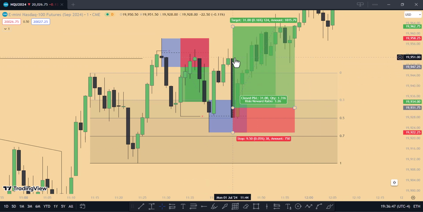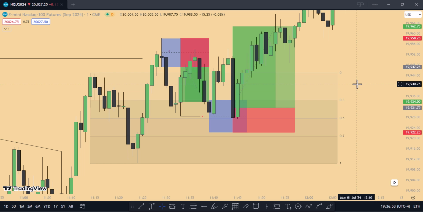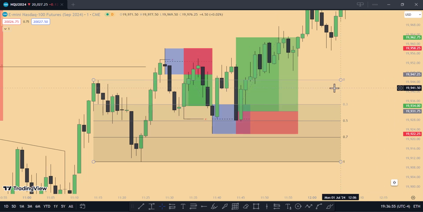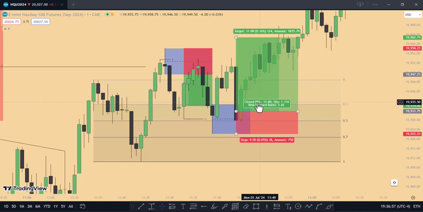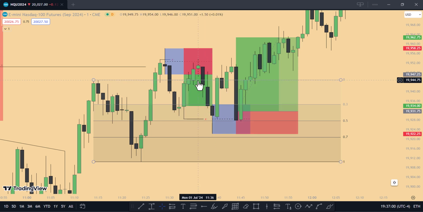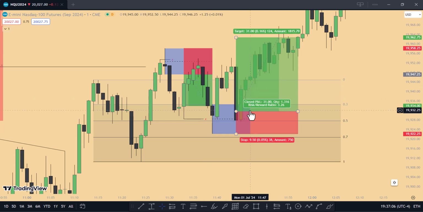And you might be afraid of seeing this big candle right here. Maybe you don't want to take the trade. And also you might see that your model already generated a setup just a few minutes ago, and you don't trust it. You don't have the confidence to take it.